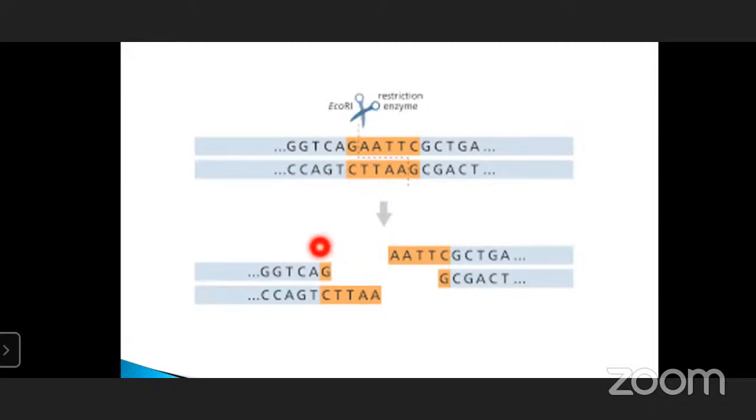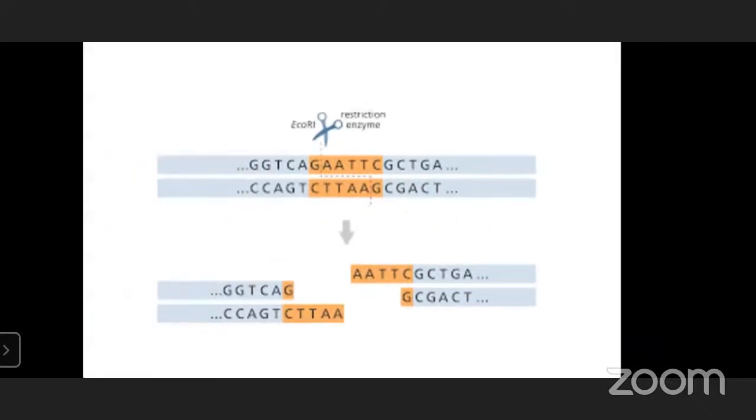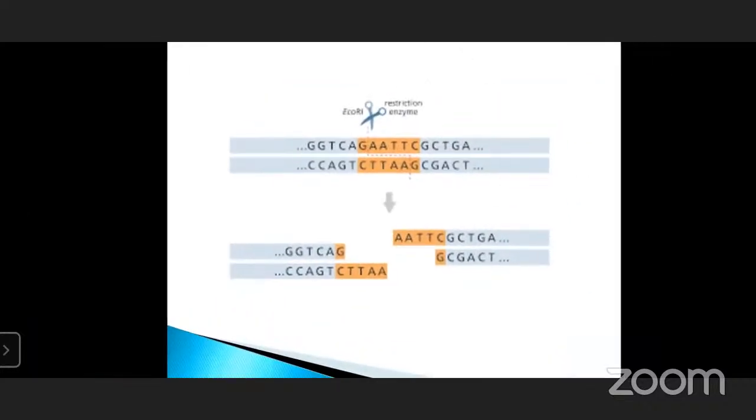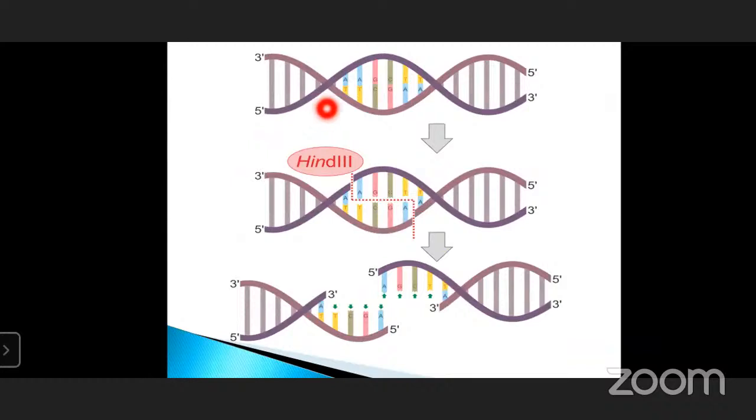This plasmid DNA as well as the foreign DNA are joined with each other with the help of ligase enzyme, and it is called rDNA. This is the HindIII enzyme which cuts the DNA at a specific point. HindIII is also one of the restriction enzymes, and the recognition sequence is specific from one enzyme to another.